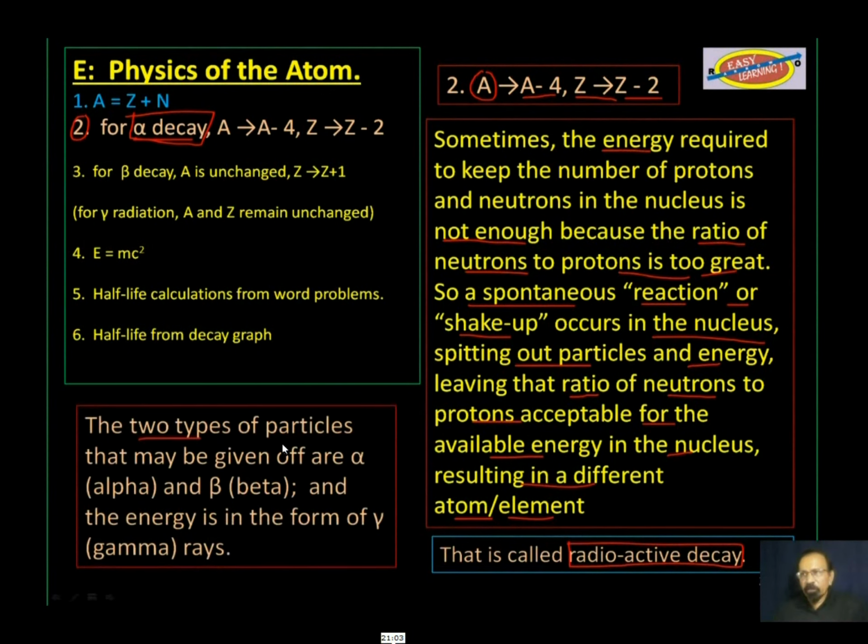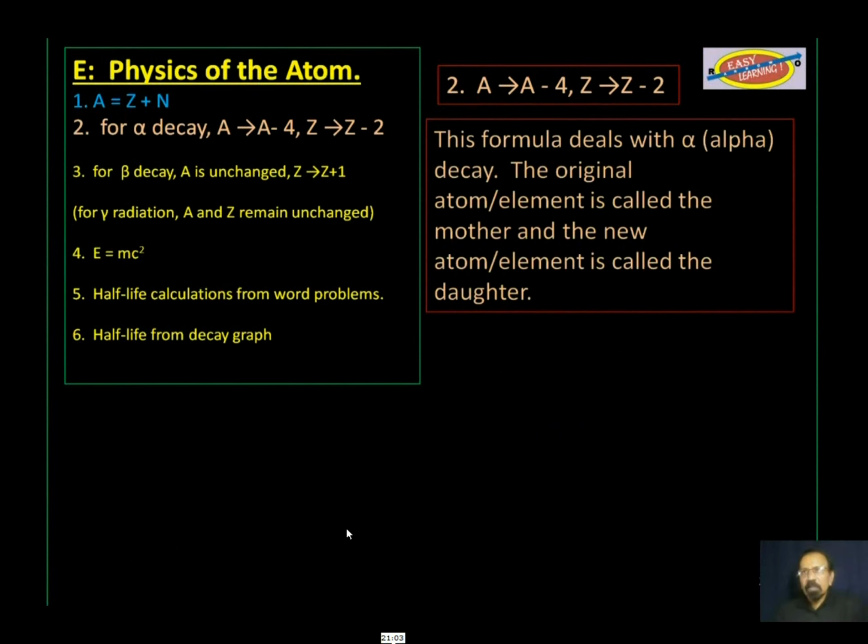The 2 types of particles that may be given off are alpha particles and beta particles, and the energy is in the form of gamma rays. So this formula here, formula 2, deals with alpha particle decay.